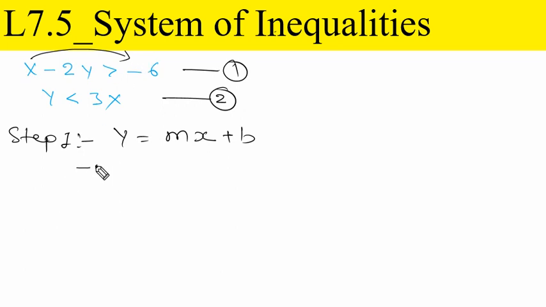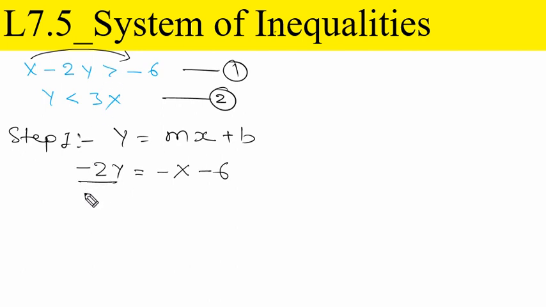So I'll rewrite here, negative 2y is equal to negative x minus 6. For more than, I'm using the equal sign right now, but later we will put the sign back and see what we can do.